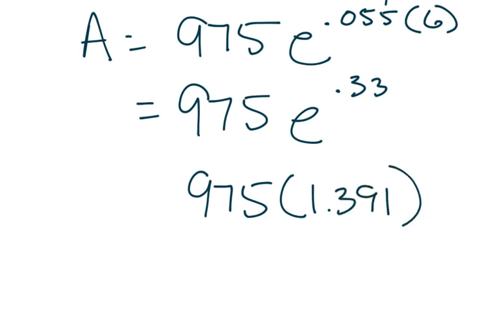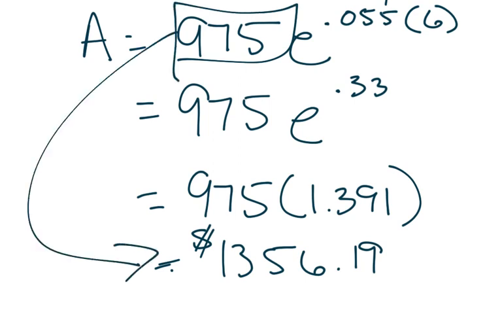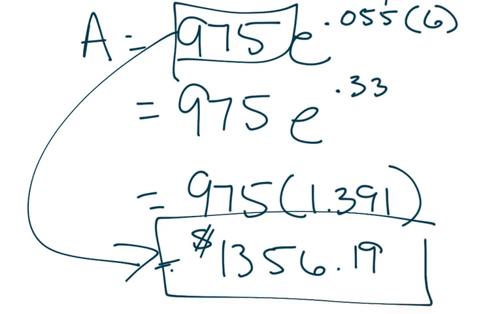Take that times 975, and you'll wind up with $1,356.19 in your account after 6 years. Put $975 in at 5.5% interest for 6 years, if it's compounded continuously, you'll have $1,356. Hope that helps.